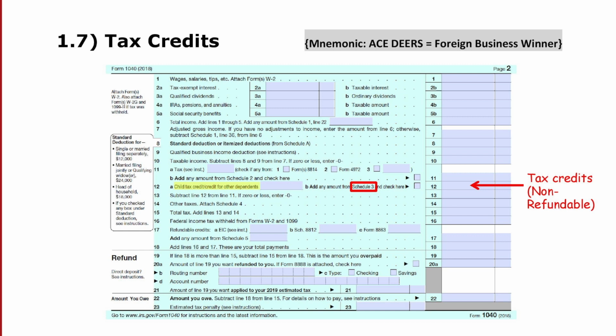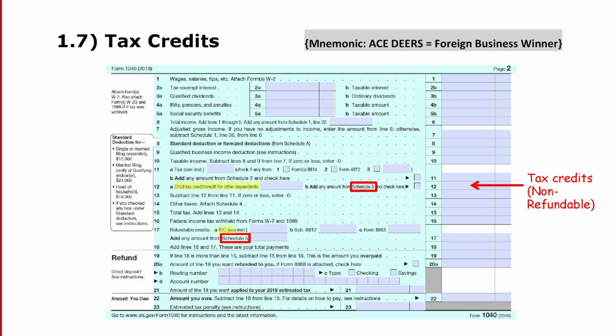Next, look at line number 17, which is the line for refundable credits. On 17A, highlight EIC, the earned income credit. And on the next line, you have add any amount from Schedule 5, so put a box around Schedule 5.